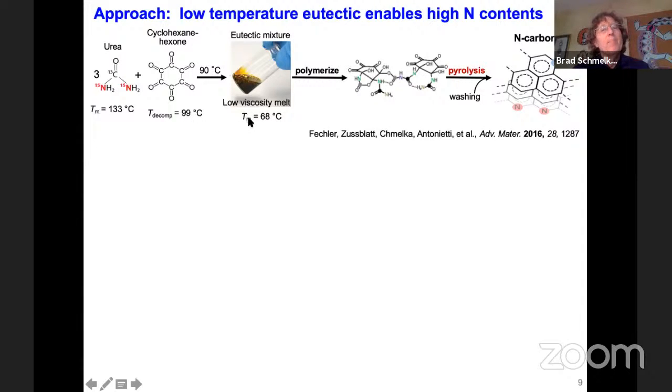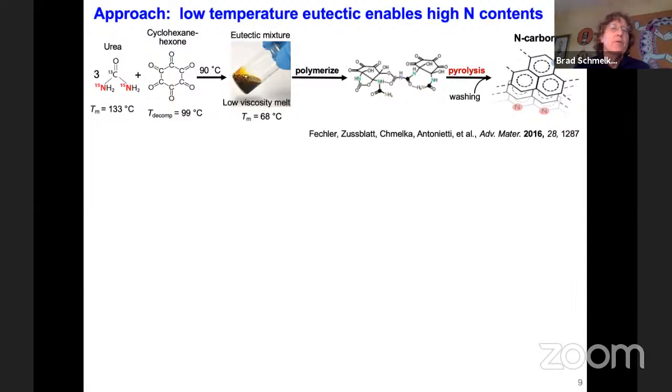But by mixing them together, they have a very fortuitous thermodynamic property: when mixed together, they form a eutectic mixture. That is to say, the eutectic mixture in a thermodynamic sense is a mixture of the species that is low melting.